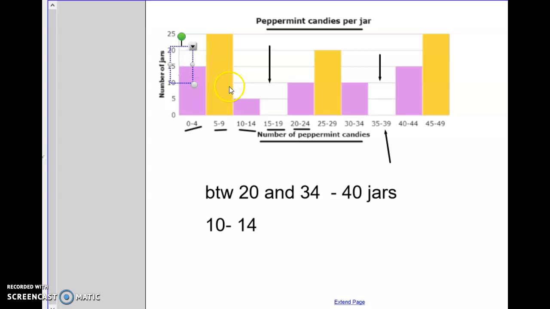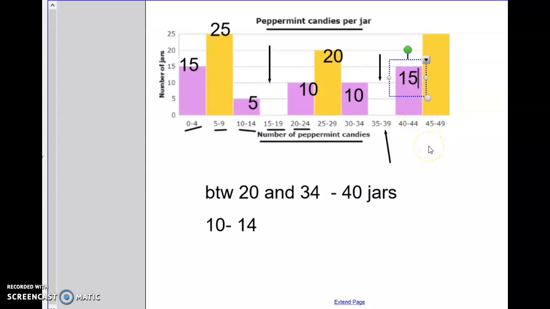So this bar goes to 15, this one goes to 25, 5, 10, 20, 10 jars for that one, 15 jars that had 40 to 44 peppermints, and 25 jars that had 45 to 49.